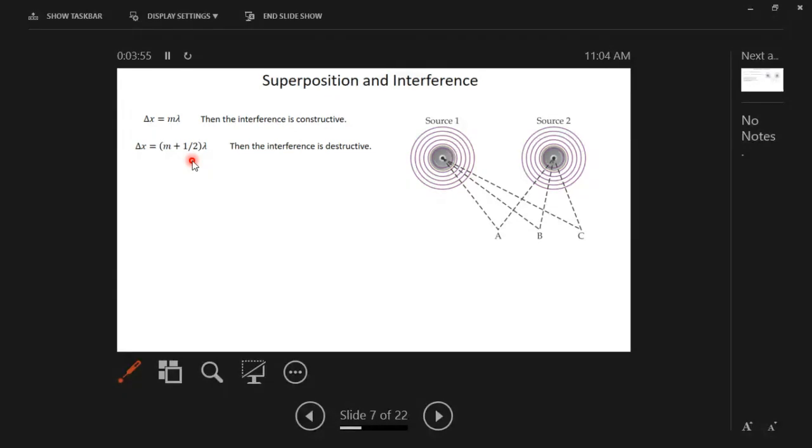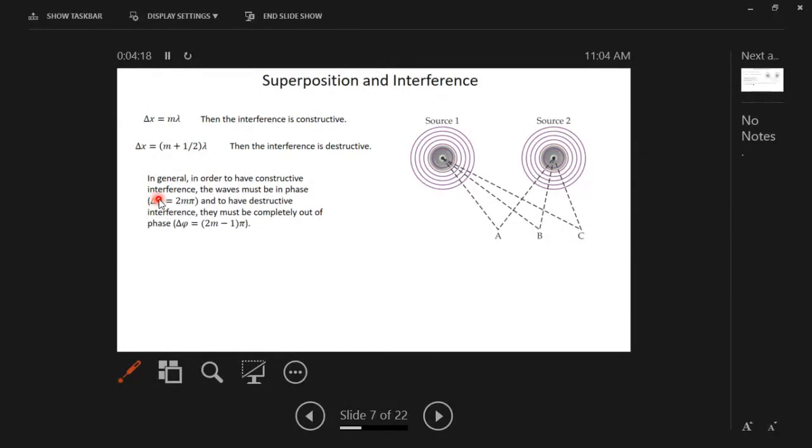In general, the formula that you have to use to determine if the interference is constructive or destructive is the phase difference between the waves. This is something that we are going to use in the next lecture when we talk about interference as a result of reflection.